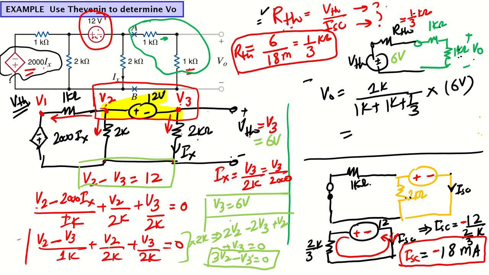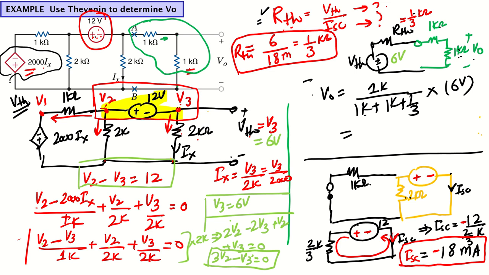If we simplify this, we get our answer for V naught. That is 2 over 2 plus 1 over 3. 1 over 3 is about 0.33, plus 2, multiplied by 6.